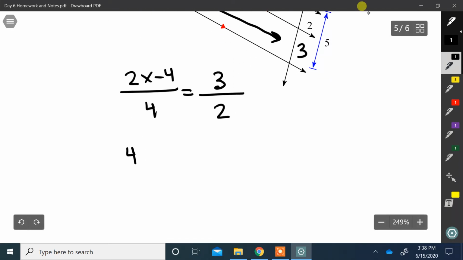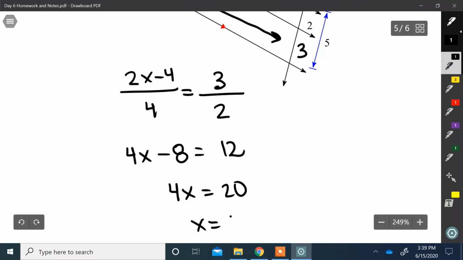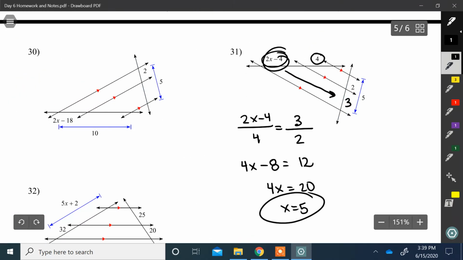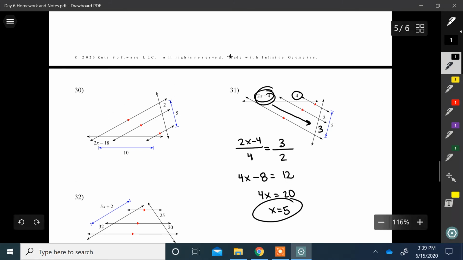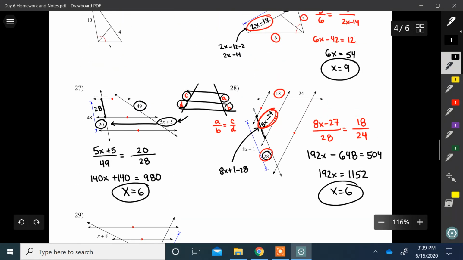We should get 4x minus 8 is equal to 12. Okay, so add 8 on both sides, you get 20. x is equal to 5. That's our final answer there for 31. Okay, I think we're good with those there. I think you can do those now. You can do 30, 32, and 29.